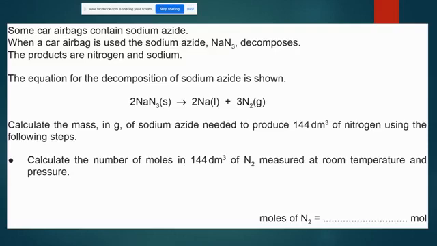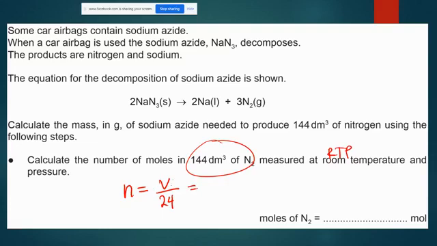Calculate the number of moles in 144 cubic decimeters of N2 measured at room temperature and pressure. So this is the volume of nitrogen gas measured at RTP. To find the mole, we have to use this formula. Moles equal to volume of gas measured at RTP divided by 24.